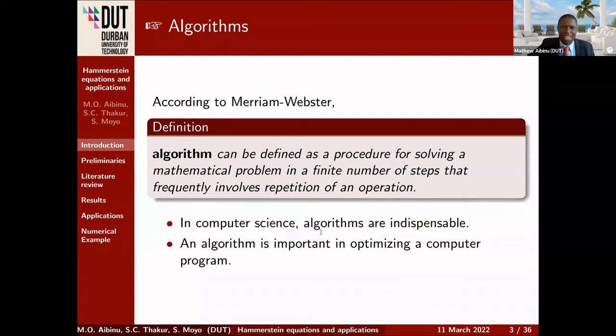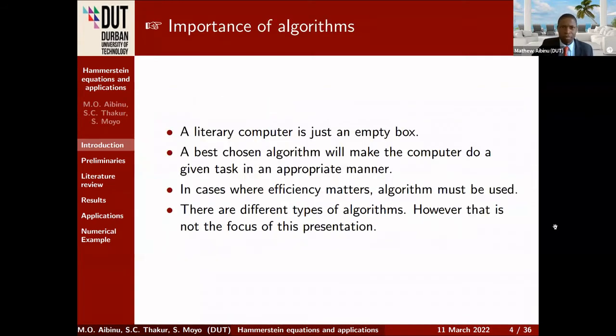In computer science, algorithms are indispensable. In fact, an algorithm is important in optimizing a computer program. Literally, a computer is just an empty box.